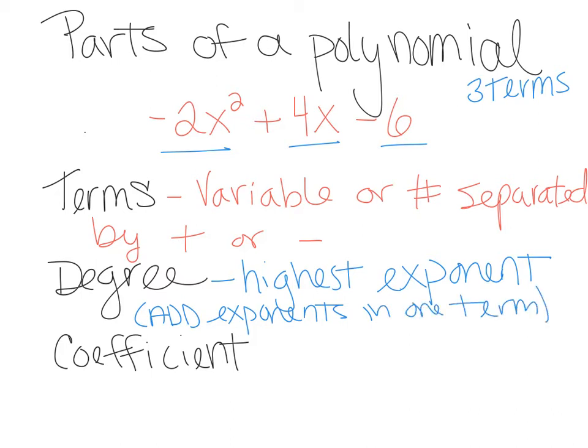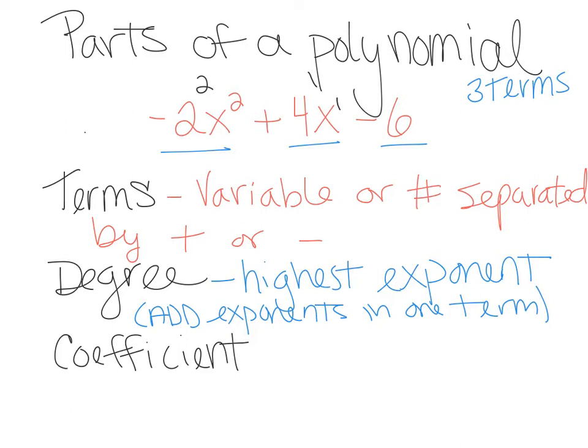So when I look up above, negative 2x squared, we have a power of 2. So this little component here is degree 2, if we just look at that. If you have 4x, well, there's technically an imaginary power of 1 there. So that piece is degree 1.